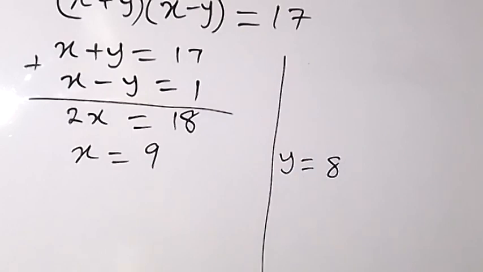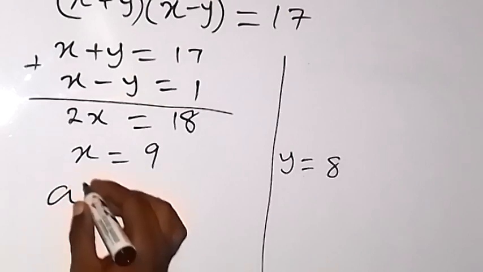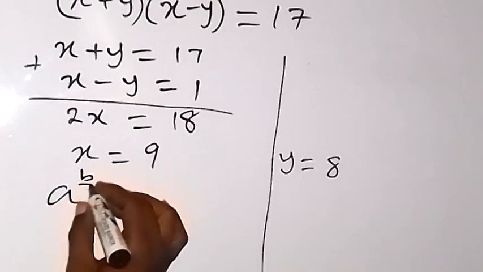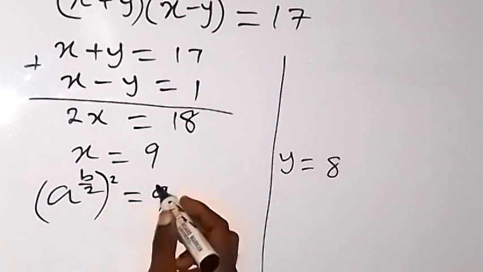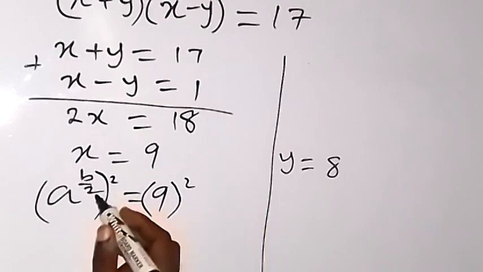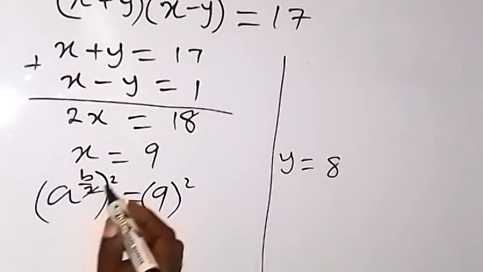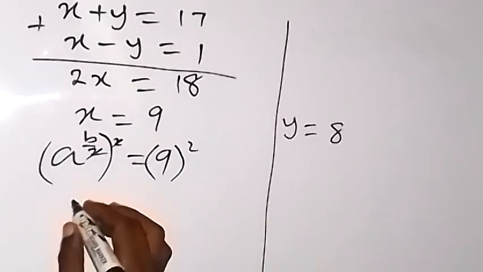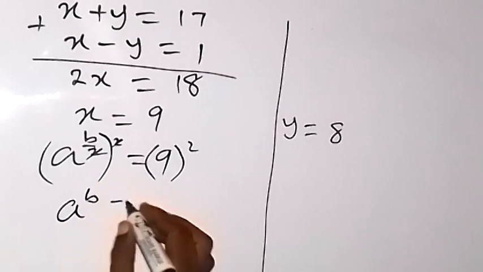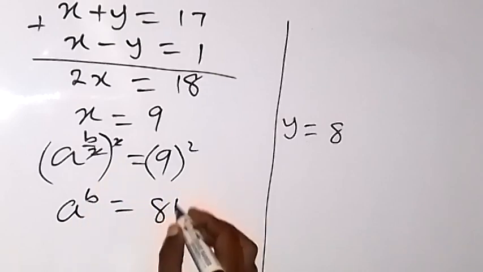Don't forget the value of our x. From what we are given, we represent x as a raised to power b over 2. That means this is equal to 9. So we can square both sides. When we square this side and this side, the 2s cancel, and this will give us a raised to power b equals 9 squared, that's 81.